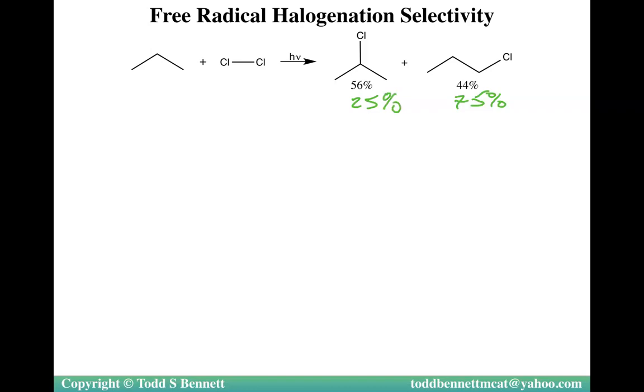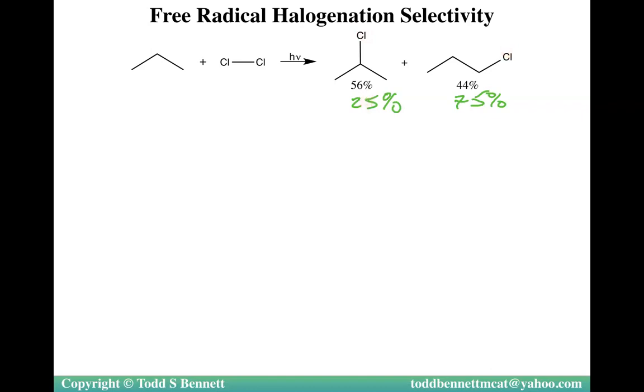So let's look at the numbers and figure out what's going on here. So here's that same reaction. Here's propane reacting with Cl2. And rather than being 25 and 75% as just random probability would predict, we end up getting more secondary than expected and less primary than expected, which means it does in fact show some selectivity, some preference for secondary over primary.